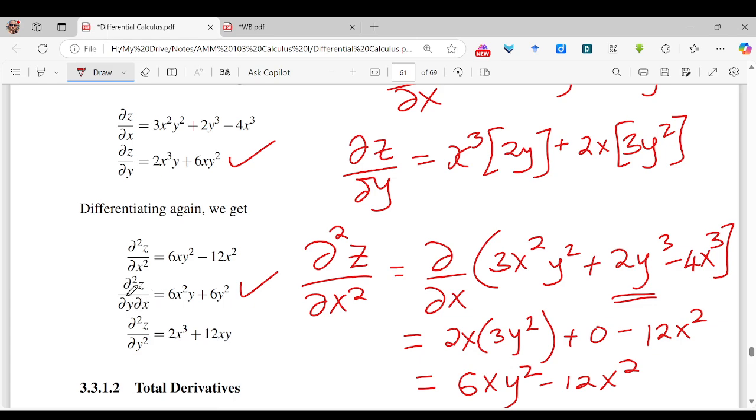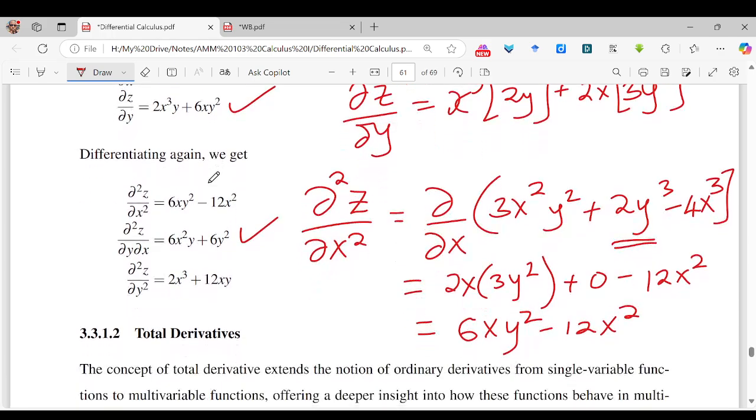Now, we have said that the mixed order derivative, regardless of whether you differentiate with respect to x first, followed by the differentiation with respect to y, or you do it the other way, you'll get the same thing. So we are not going to do the other one, because we have done this one. But when we come to the first order partial derivative of z with respect to y, we differentiate this partially with respect to y.